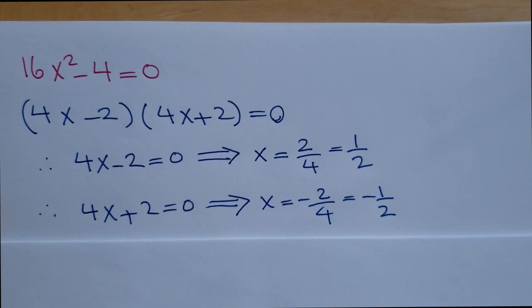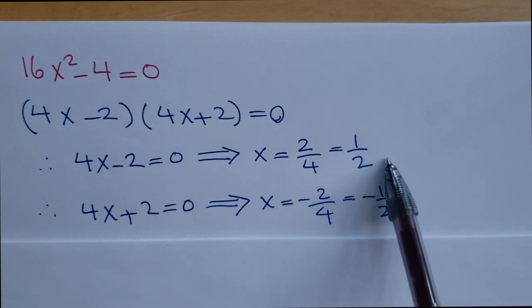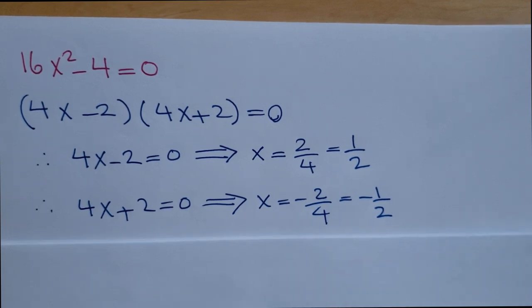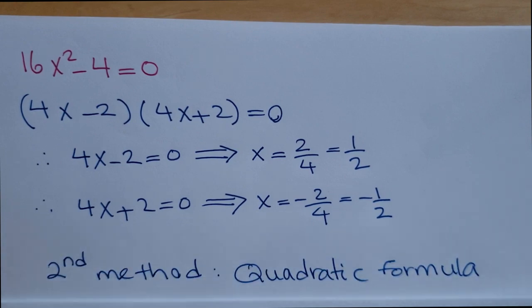So here you solved a quadratic equation by using factorization, and you found two different roots. One of them is plus 0.5 and the other is -0.5. This is method 1. Let's try another method, which is the quadratic formula.